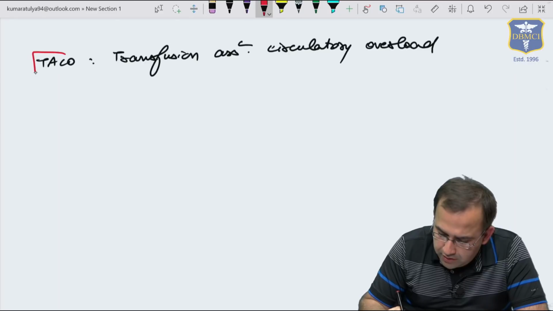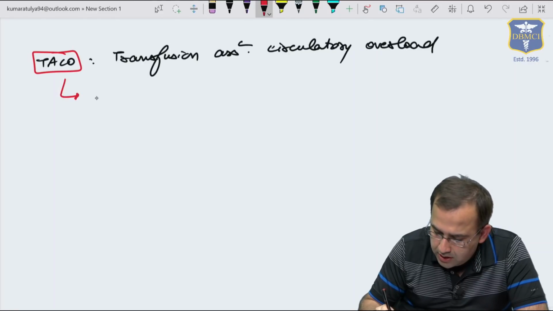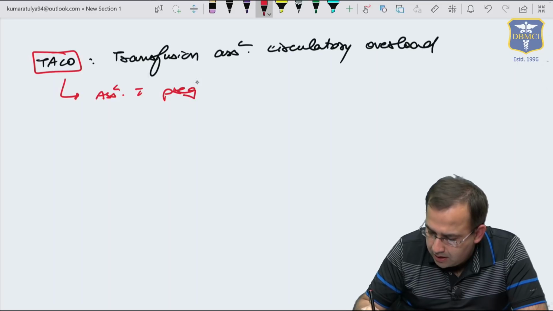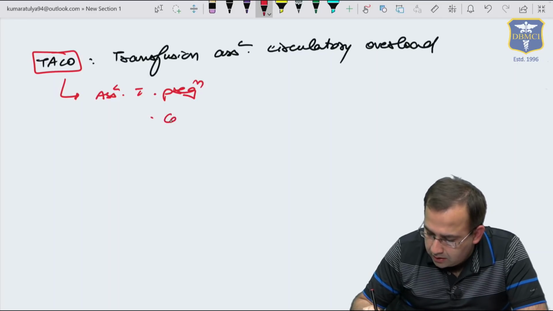Which is associated with pregnancy, cardiac and renal patients.